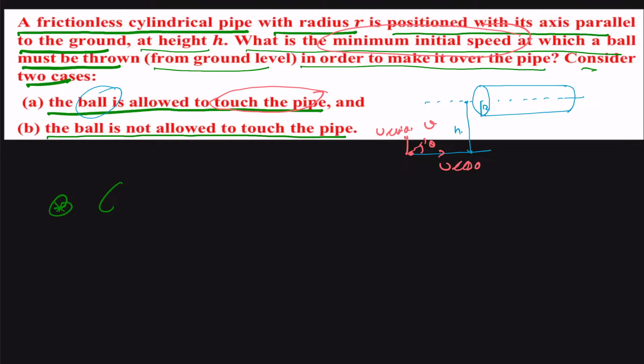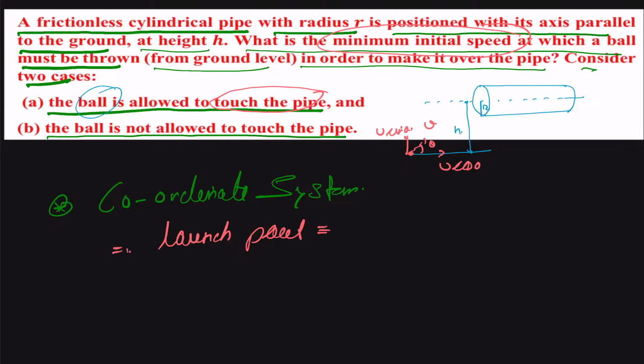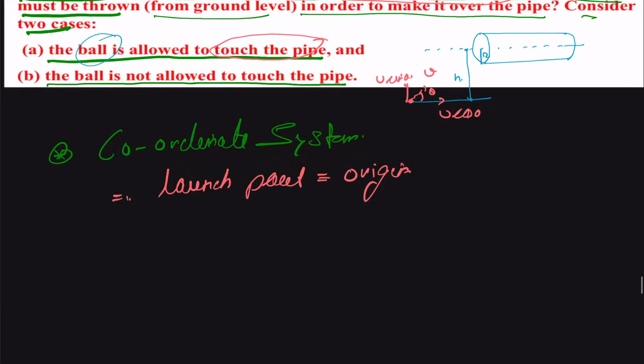So we define our coordinate system: the horizontal distance traveled will be our x, and we know that our vertical axis is our y.